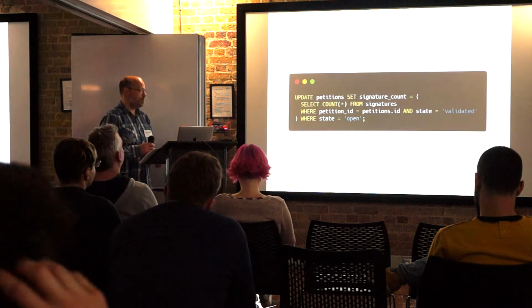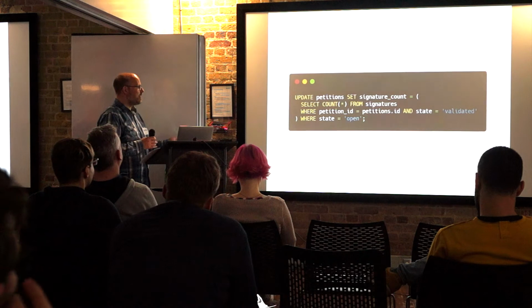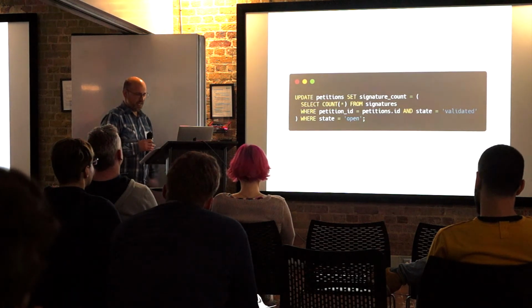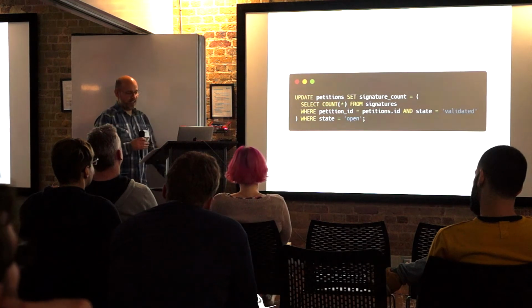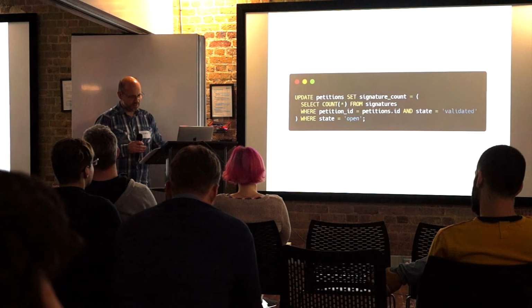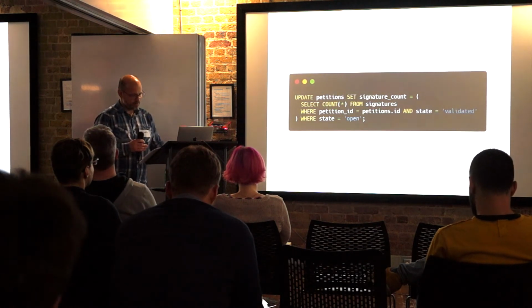The option they came up with was basically a cron job that ran the count query for every open petition every 5 minutes. It's crude, but effective, and prevents the database from melting. So we get to the beginning of August 2011, the site goes live.